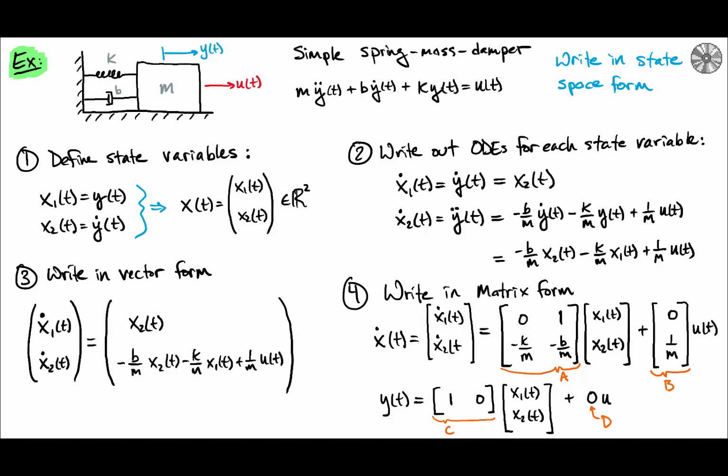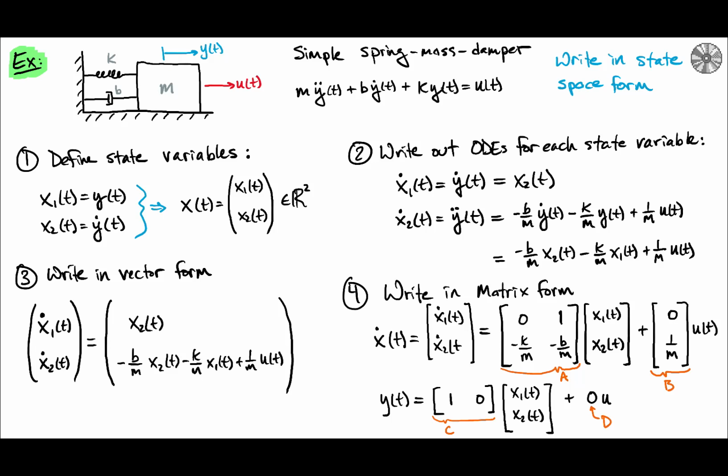And so if we solve for y double dot in the original differential equation, it's simply just minus b, and then we have to divide by m, b over m, y dot, minus k over m y, plus 1 over m times u. And now we get to replace y dot and y in terms of the new variables that we've defined, x1 and x2.